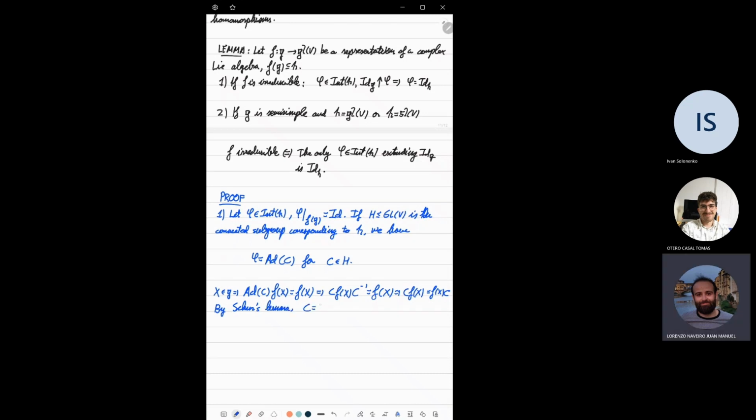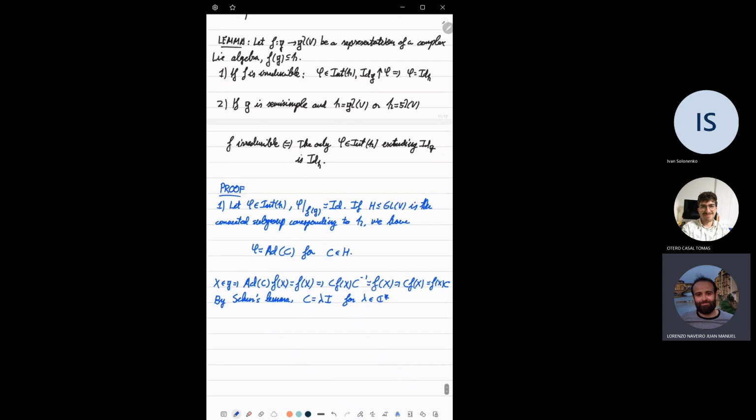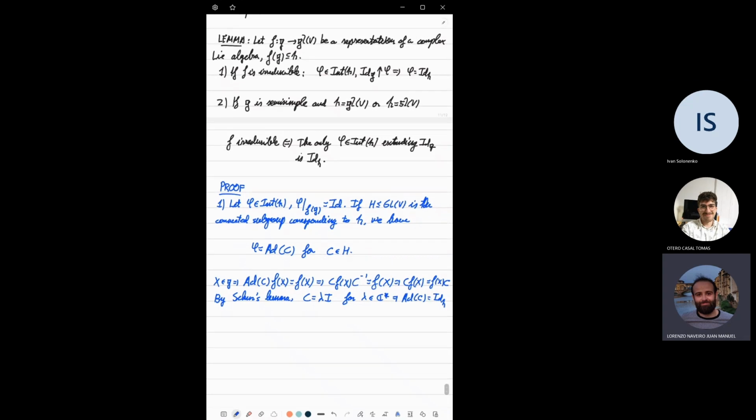So C is lambda times the identity matrix for a certain lambda, a non-zero complex number. And this means that Ad C is the identity map on H, because recall that it's taking the conjugate with respect to C.